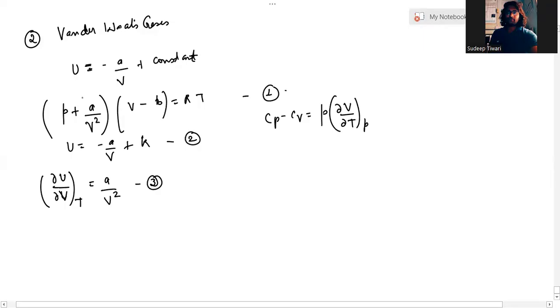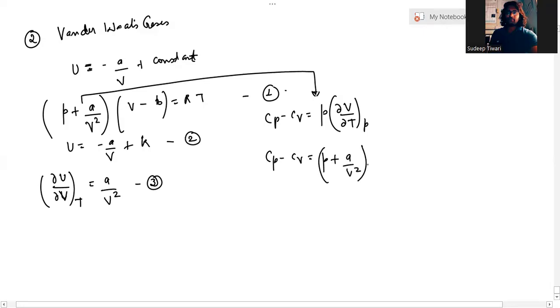Now, because we are talking of a van der Waals gas, I'll replace this. So Cp minus Cv is equal to P plus A by V square, times del V upon del T at a constant pressure. This is my equation number 4.